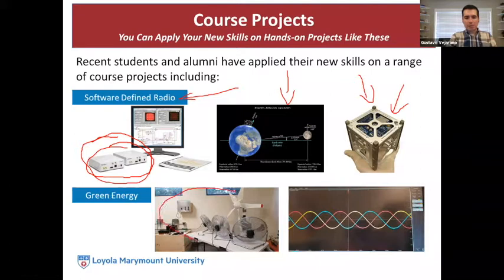So this is another of our labs. So the students were trying to develop the system to store the energy coming from different sources. So they were considering wind. They were considering the regular outlet, and I forget what other sources they were using.